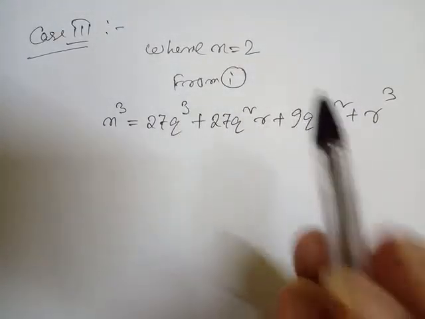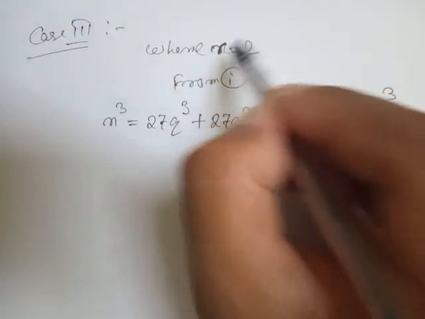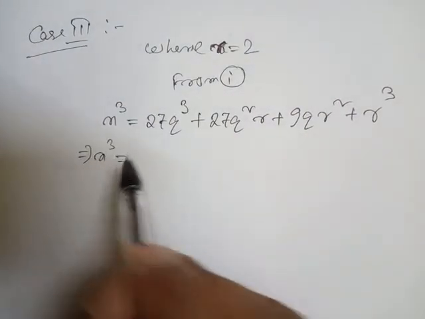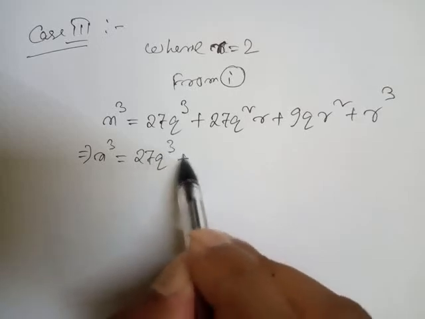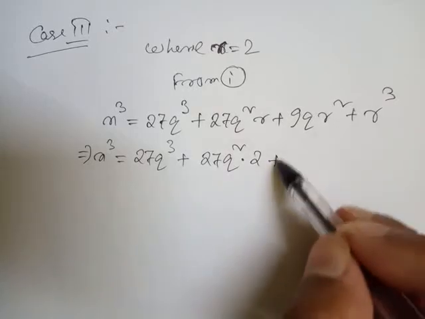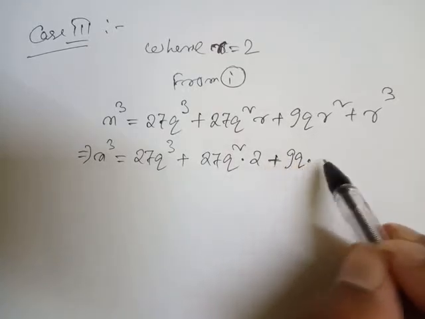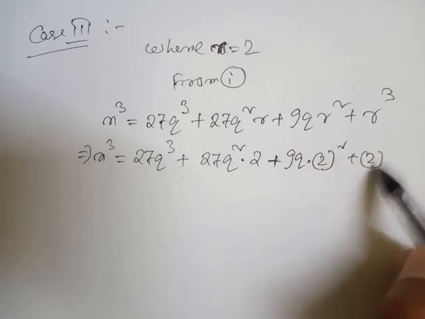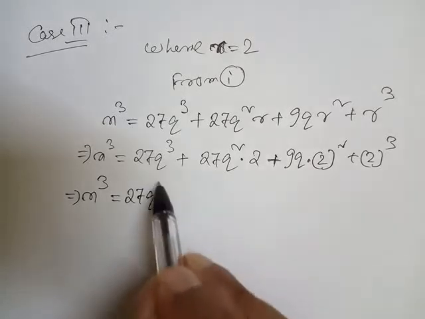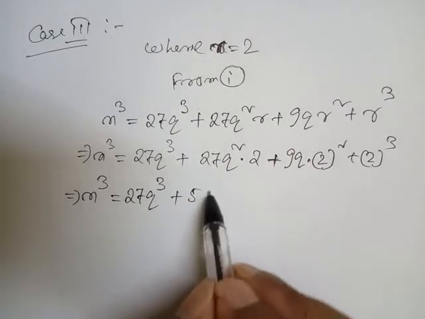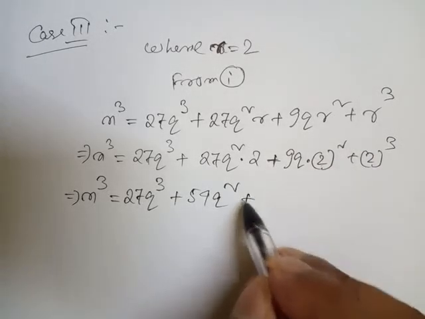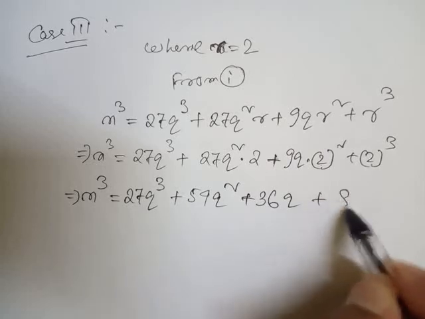Now look, there is r equal to 2. Now if I put the value here, n cube equal to 27q cube, then 27q square into 2, in place of r we'll put down 2, then 9q into 2 square, then 2 cube. Now next would be n cube equal to 27q cube, then 27 into 2, 54q square, then 2 square is 4, and 4 nines are 36q, plus 8, since 2 cube is 8.